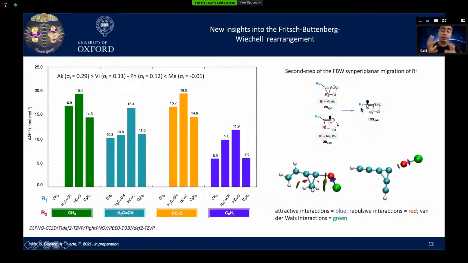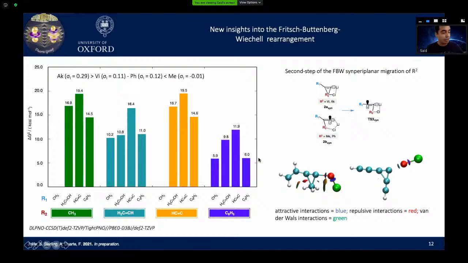And it also agrees in this case with the nature of the beta substituent groups. As we can see here, as we fix the migrating group and change the stationary groups, the barrier decreases going from substituents that are more electron withdrawing to less electron withdrawing in most of the cases.